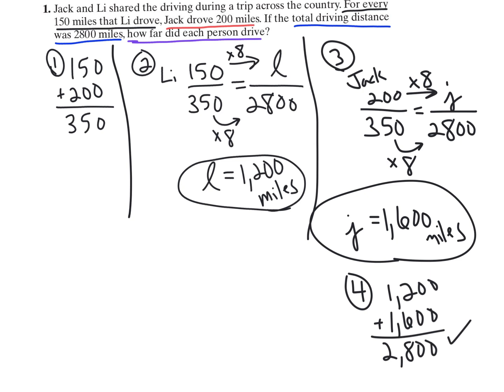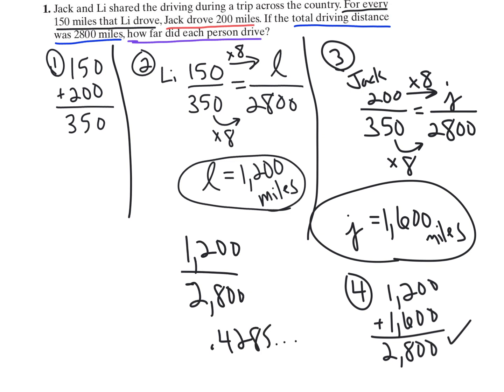Another thing you could do at that point is you could just divide these out. So if you take 1,200 divided by 2,800, you get like 0.4285 something.